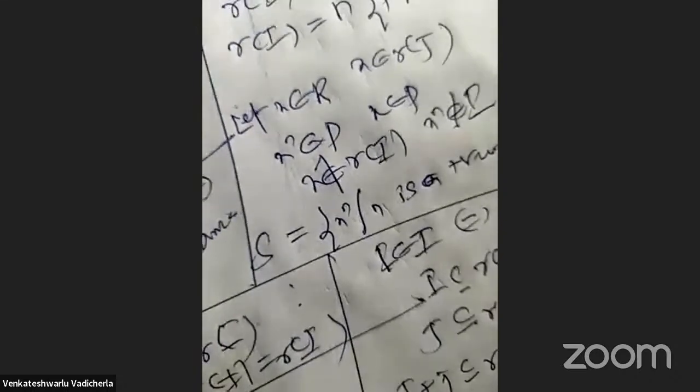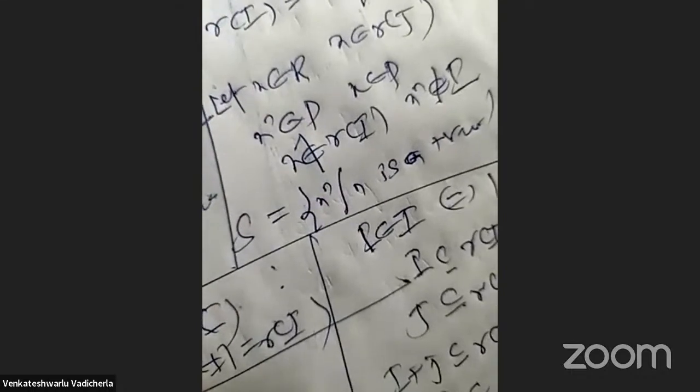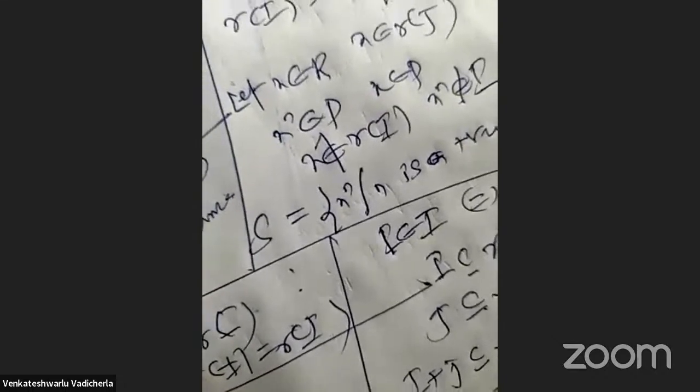So I plus J is a subset of or equal to the sum of R/I and R/J. Likewise I is a subset of I plus J, and J is a subset of I plus J. Therefore R/I and R/J are subsets of or equal to R/(I plus J).